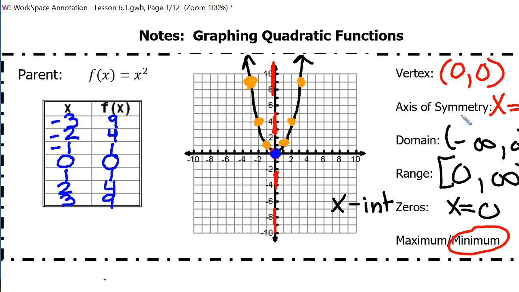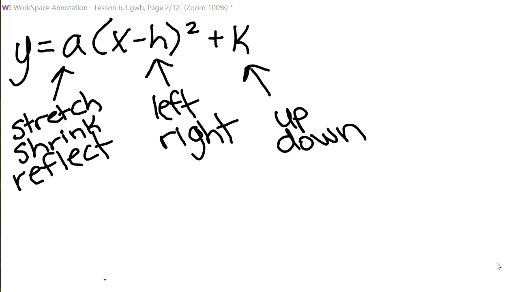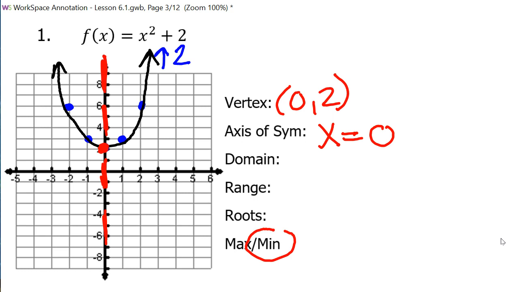That will never ever change. Hey, you saw another way of how to look upon the axis of symmetry. So the domain for every single parabola is always, always negative infinity to positive infinity.